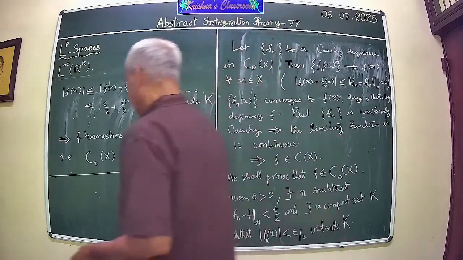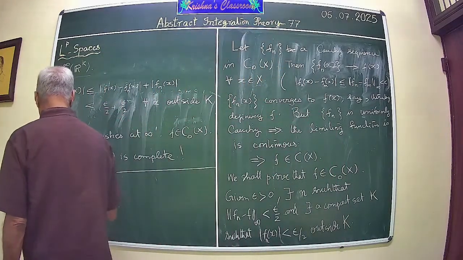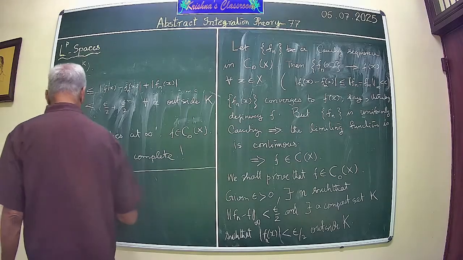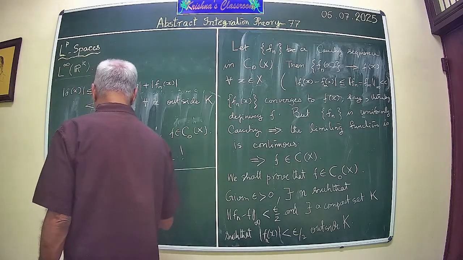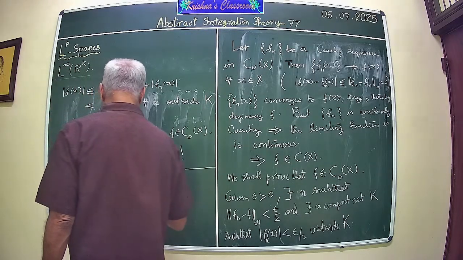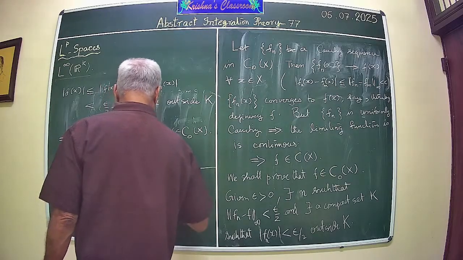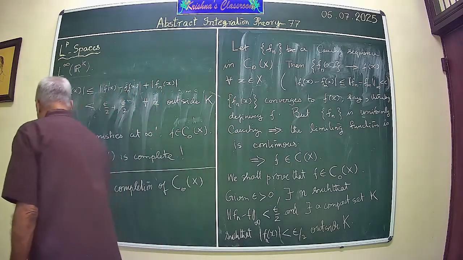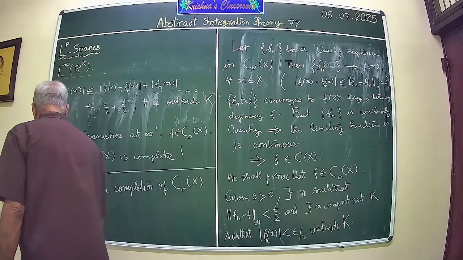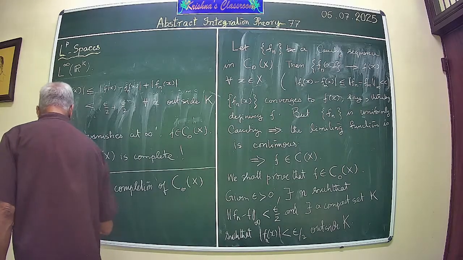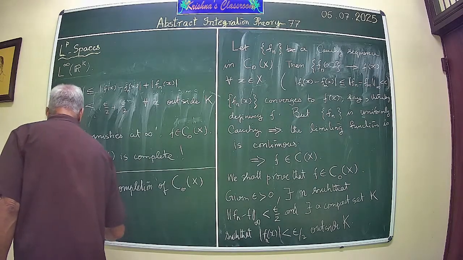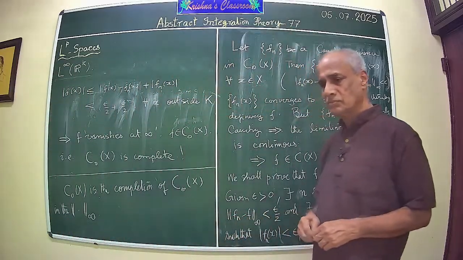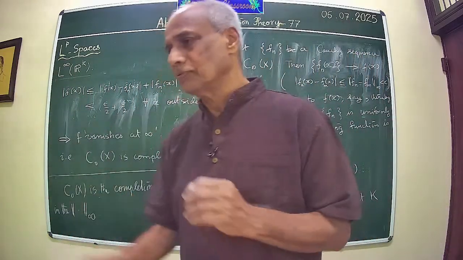Therefore, C naught x is the completion of CCX. So that completes the proof.